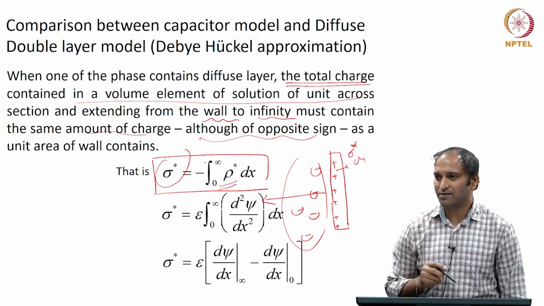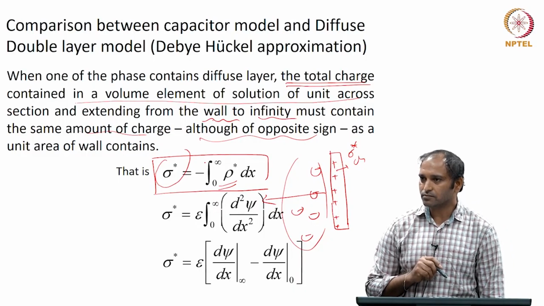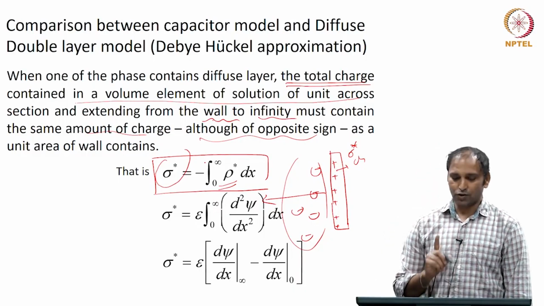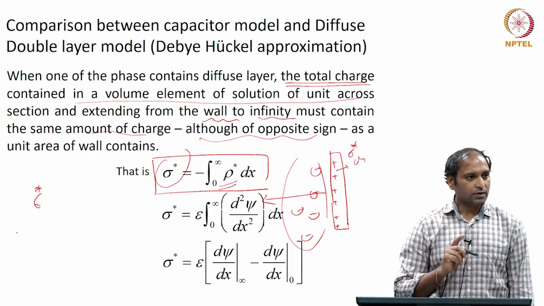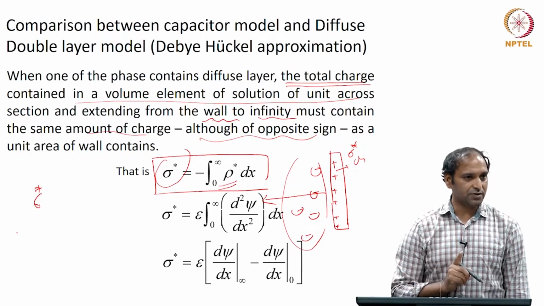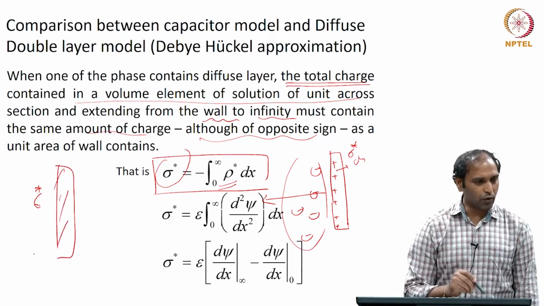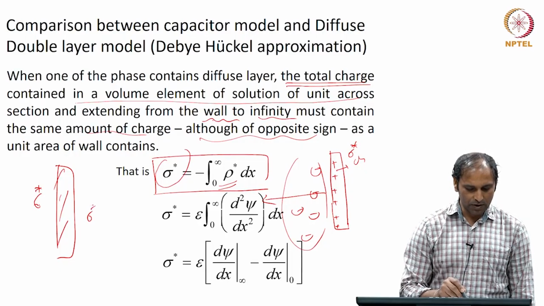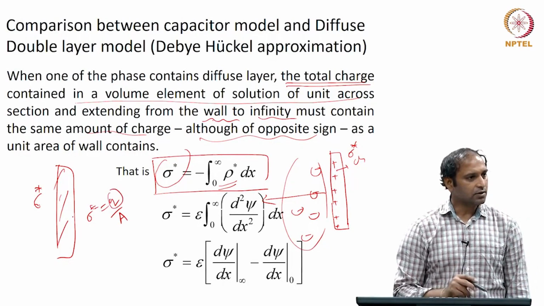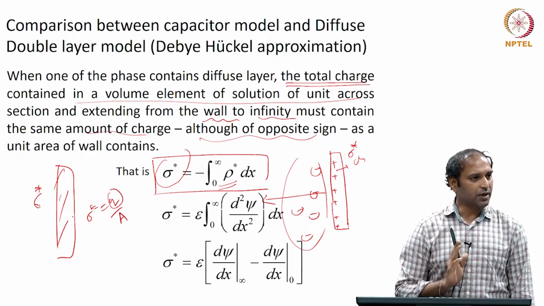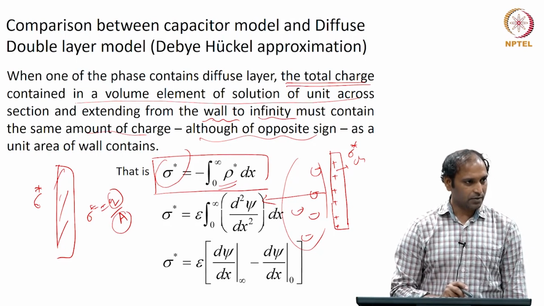Yeah, you have a question. Sigma star is on the particle and rho star is... Yeah, that's a good point. So sigma star corresponds to the charge density of the surface. If I have a charged surface, what we defined is sigma star was q divided by a, the total charge on the particle surface divided by area. That is how it was defined.